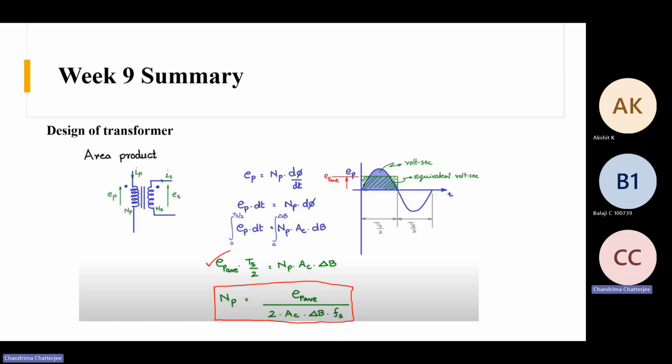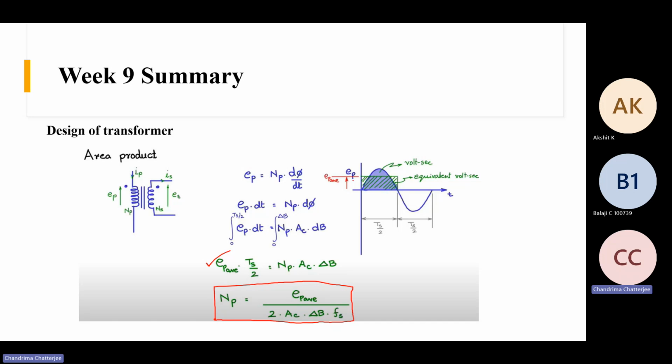One of you was asking yesterday, I think in the last class, how we can use a transformer in a DC-DC converter, because a transformer can't take DC, right? What is important is that you have to maintain the volt-second balance. It doesn't matter what the shape of the voltage is that you are giving across this winding.